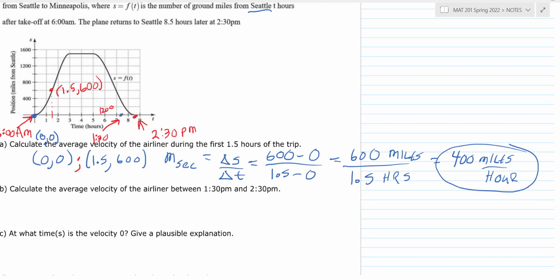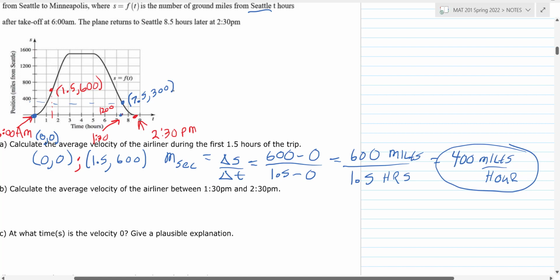I think it's more like right there. I'm just going to say it's this point, and that would be about 300. So I'm looking at a point of 7.5 hours. Your displacement now is 300 miles away from the airport that you're returning to. And then at 8.5 hours, your displacement is 0. So what you're going to do is work out using those 2 points, 7.5, 300, and the second point, 8.5 and 0.